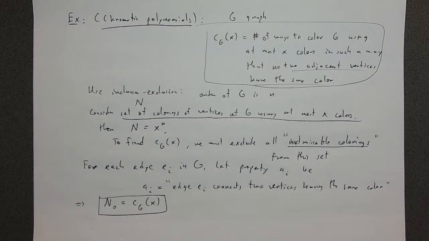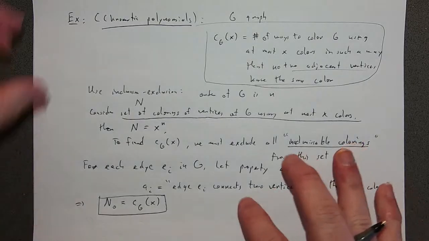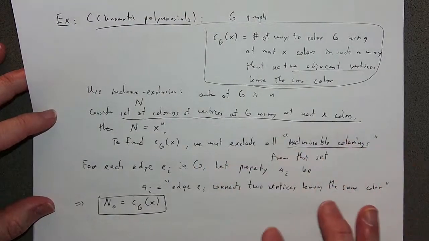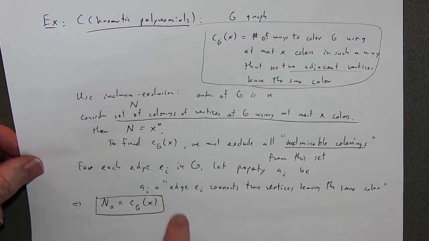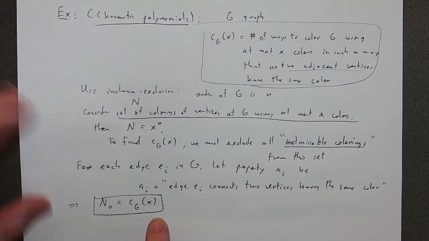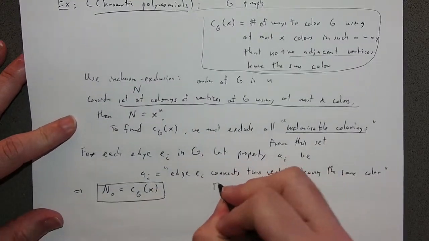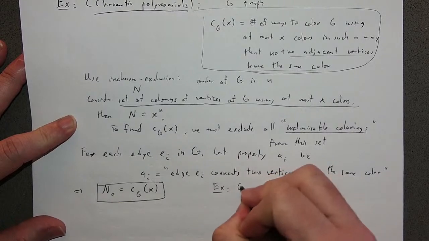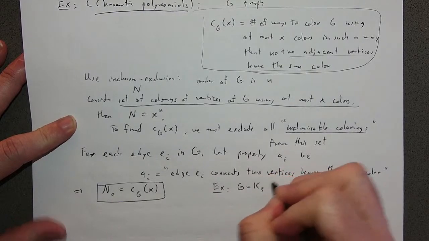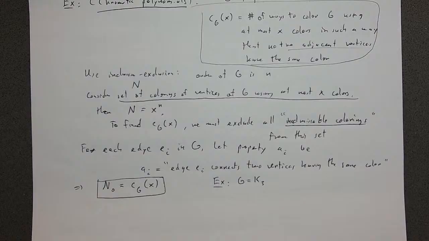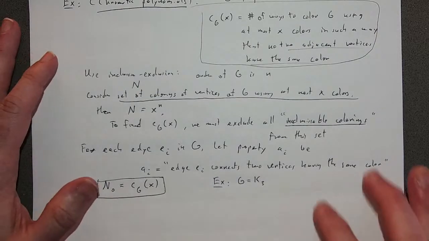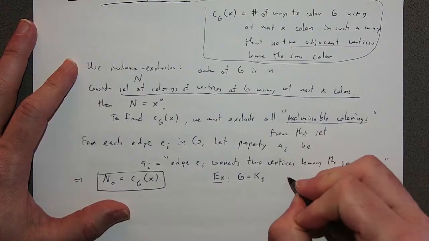Okay. So, what would this be like if, for instance, G was something fairly simple? We'll take K3, for instance. Let's just do it right here. We got enough room. Let's say G is the complete graph on 3 vertices. Okay, so let's see how this works here.